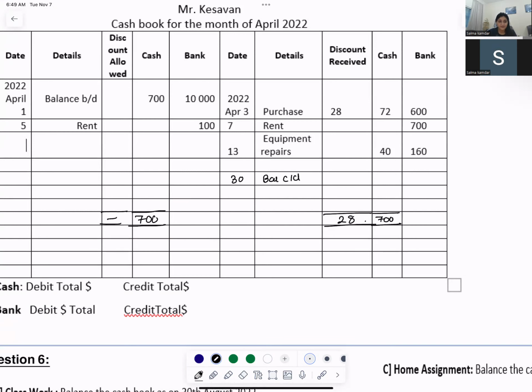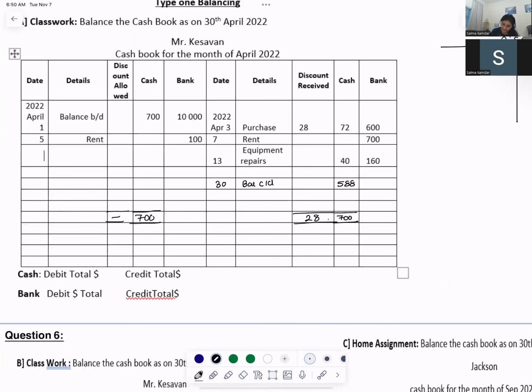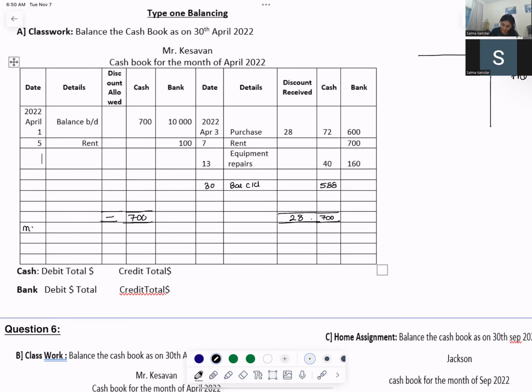From 700, I am going to deduct 72 minus 40. So what is left in the cash is 588. 588 is the balance closed down. And May 1, 588 will be the balance brought down.